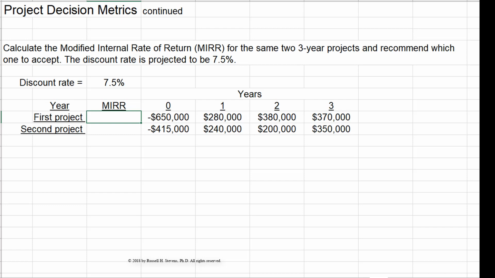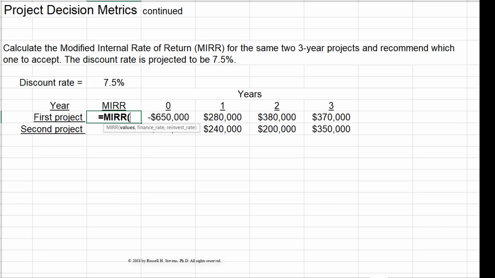These videos are just to show how to calculate the numbers and to show in what format the numbers are usually presented. The next analysis is the modified internal rate of return. It does use the discount rate. Highlight the workbook cell under MIRR, type in an equals sign, followed by MIRR and an open parenthesis.